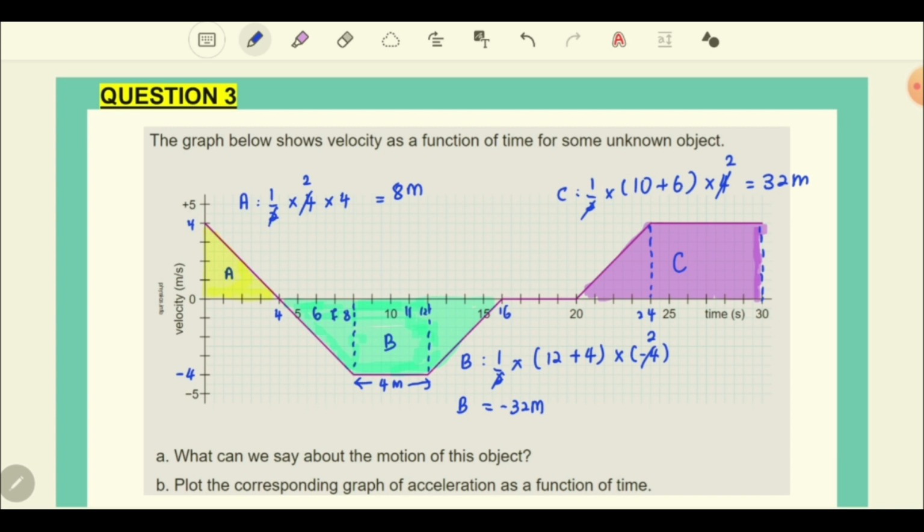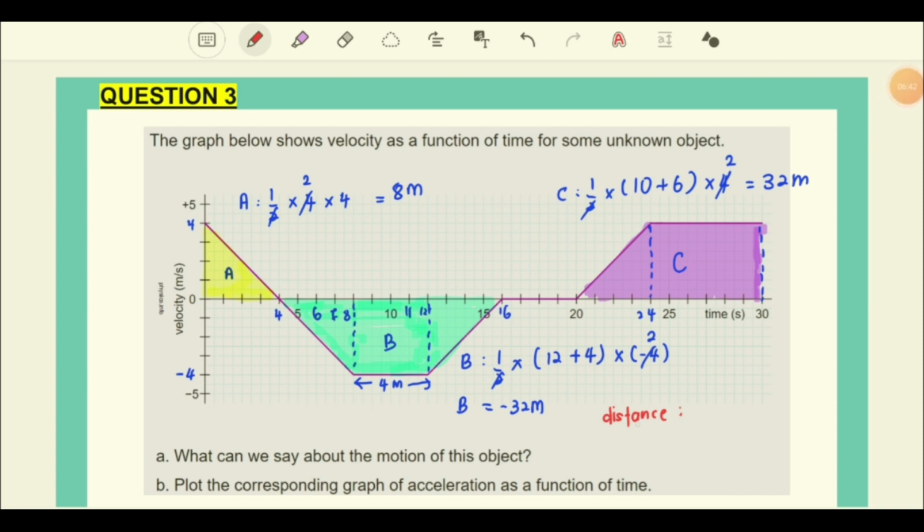Alright, so now if we want to find the displacement or distance. If the question asks you to calculate the distance traveled by the object, we need to calculate the whole value of the area under the graph by ignoring the negative sign, because distance is a scalar quantity.